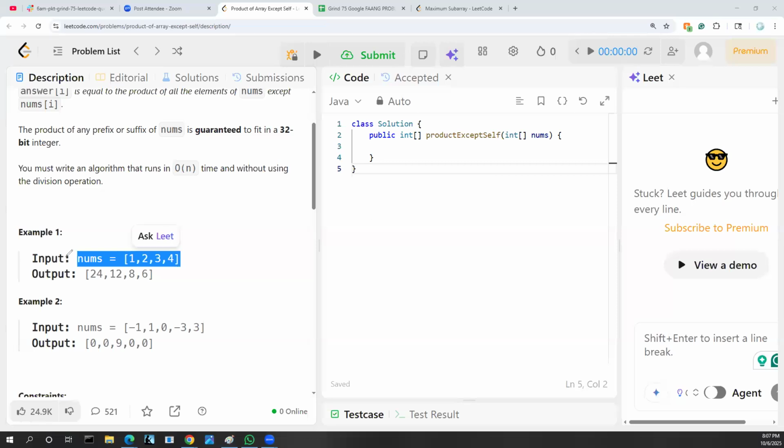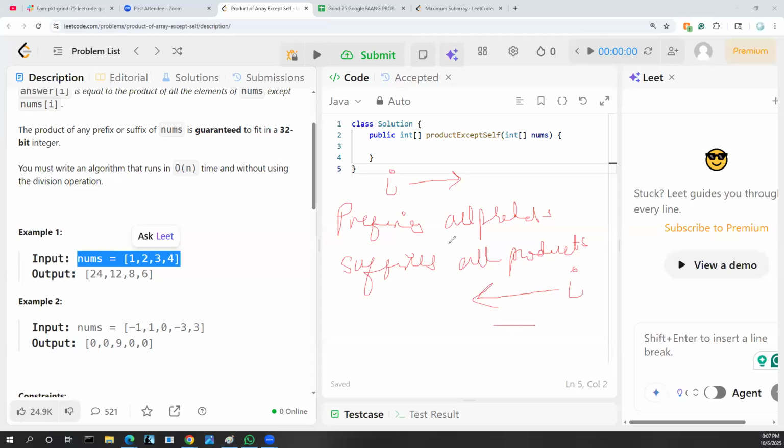Yes, that's true. So what if I can take all the products of prefixes at once, all the products, and I can take all the products of suffixes, prefix by moving my I in the positive direction and suffixes moving I in the negative direction.